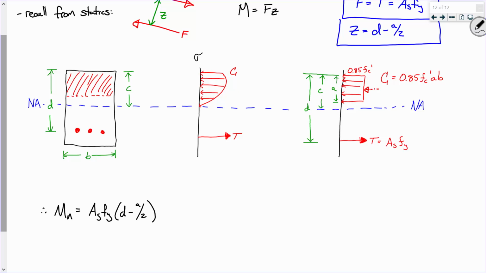Let's start plugging and chugging. So what do we got? As is, fy. There we go. Getting y'all trained up, the units and everything. d is 23 inches minus, and what do we got for a? There we go, 4.182 inches over 2.